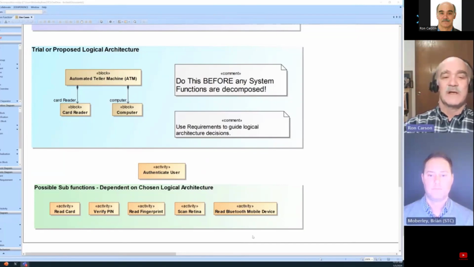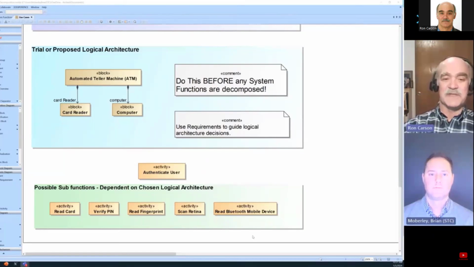So this is where context diagrams and interface definition becomes really important. So maybe the decomposition of ATM is incomplete, and maybe there need to be some other things.